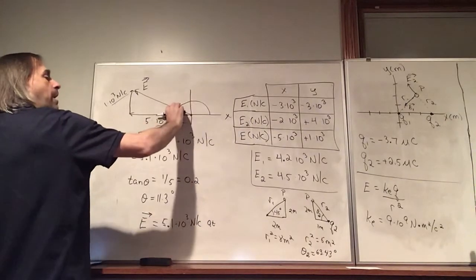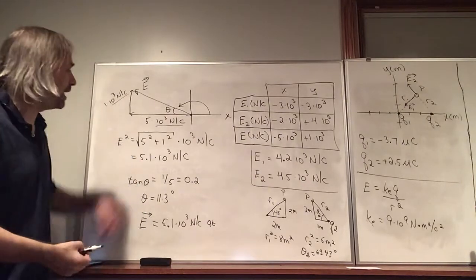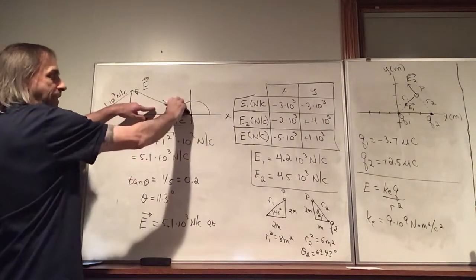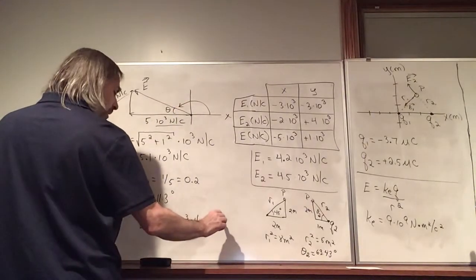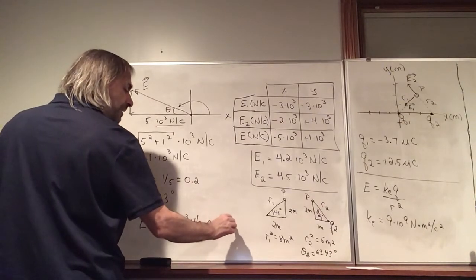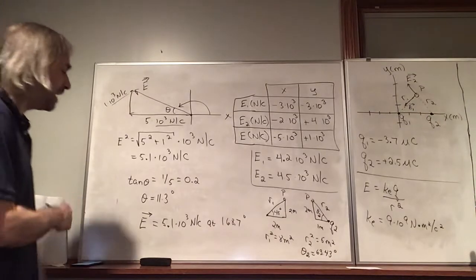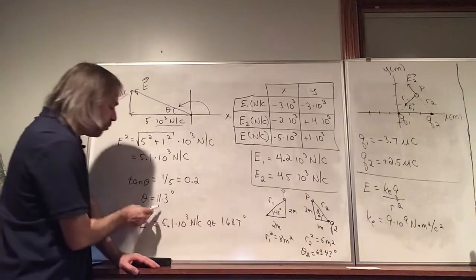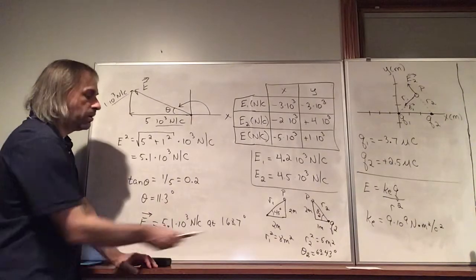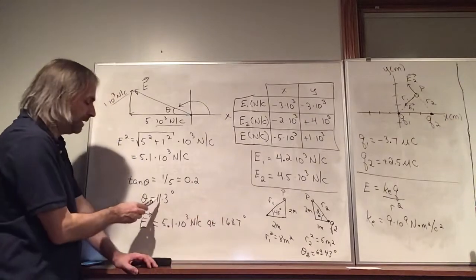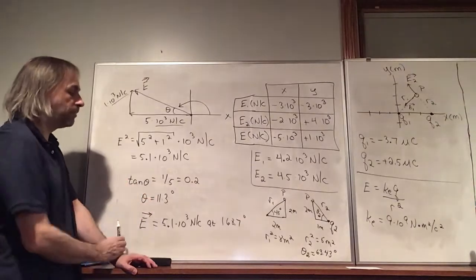Going all the way around from the positive x-axis to the negative x-axis is 180 degrees, but we want theta less than that. So the angle in standard degrees would be 168.7 degrees. Again, 168.7 plus 11.3 gets us up to 180, so this angle is 180 minus 11.3.